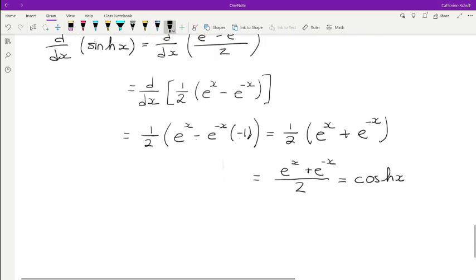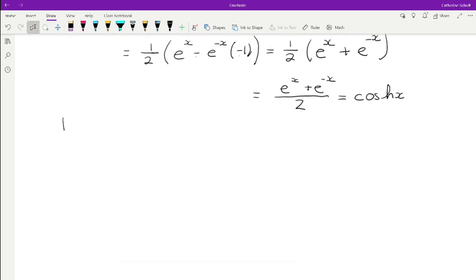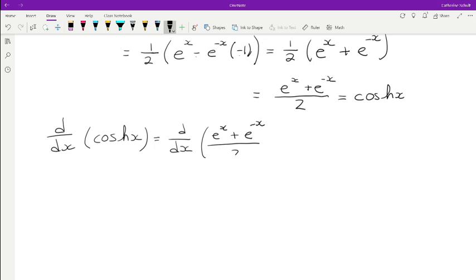Okay, so there you go. And then you can also show, let's take the derivative of the hyperbolic cosine. Go ahead and push pause, see if you can do that, and then we'll see what we get. All right, so the key is to relate it back to the definition. And the definition of the hyperbolic cosine is e to the x plus e to the negative x over 2.